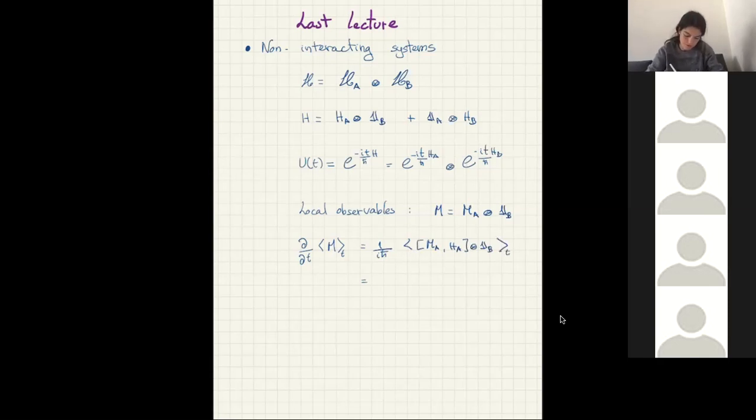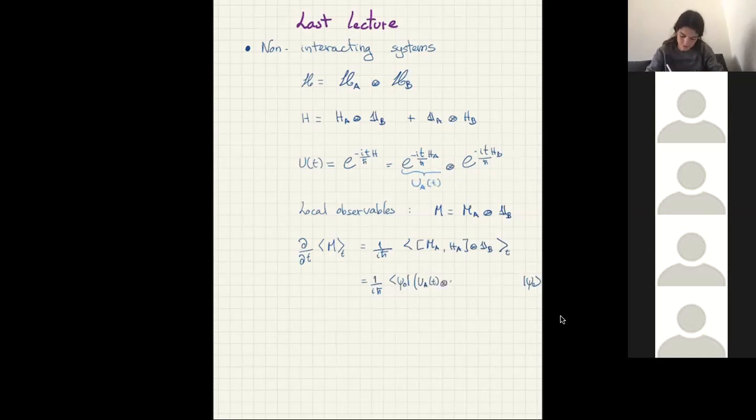And then we even went a bit further. Of course, this average is done by doing U of t on S0 and then putting the observable here. But we saw that in this case, it didn't measure what happened to system B. All that it measured was what happened to system A. So that's U_A of t.